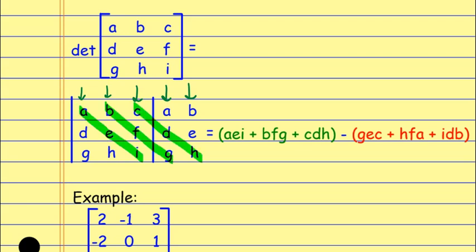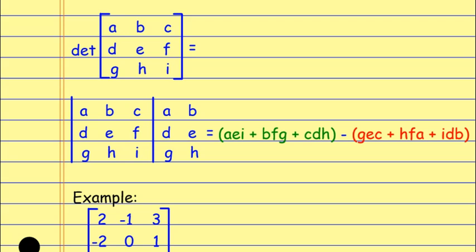Okay, now I can see those 3 downward diagonals very clearly without having to hop around each side of the matrix. Likewise, the upward diagonals are a lot easier to see when I have it written this way. I can see all 3 of those upward diagonals very easily now by writing that out, okay? And so again, when we do the downward diagonals, we're still doing the multiplication. Let me get rid of all that extra stuff.